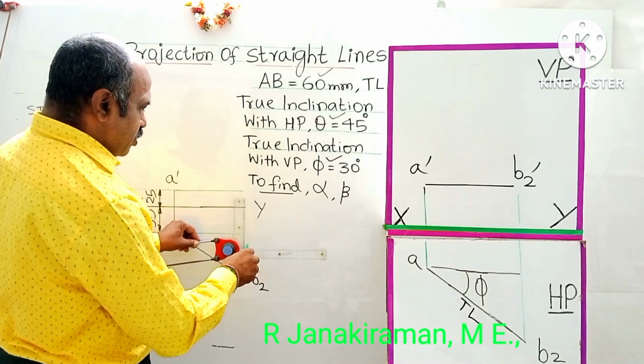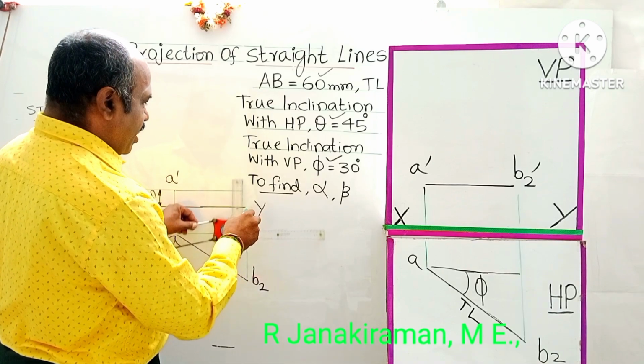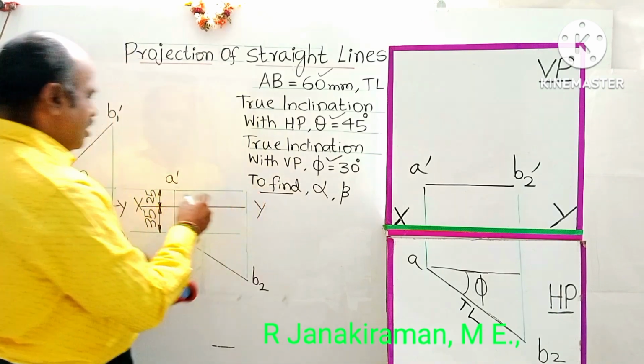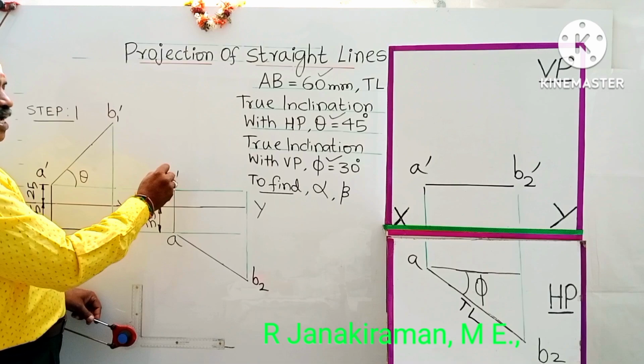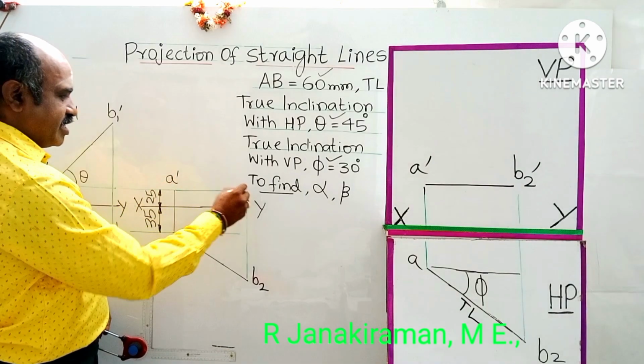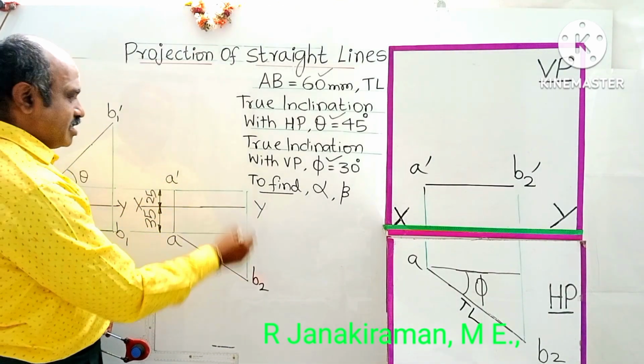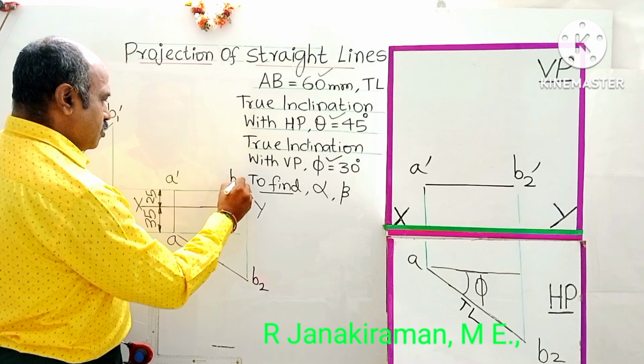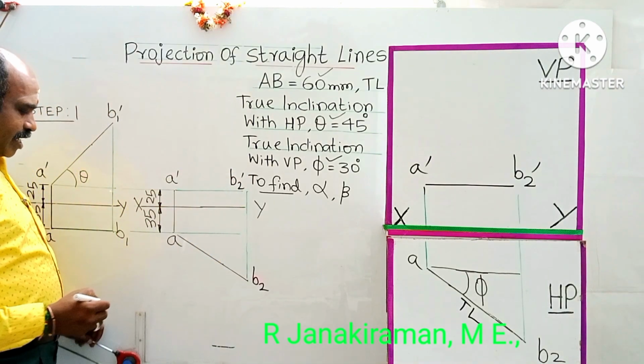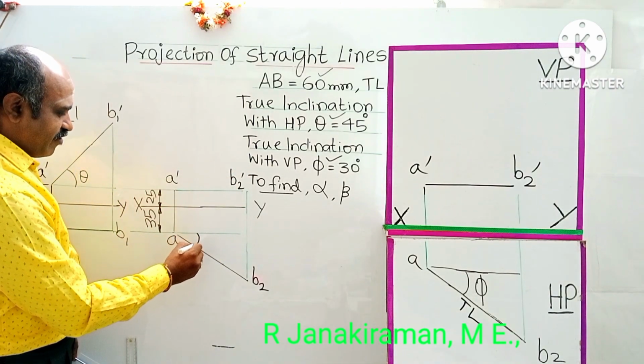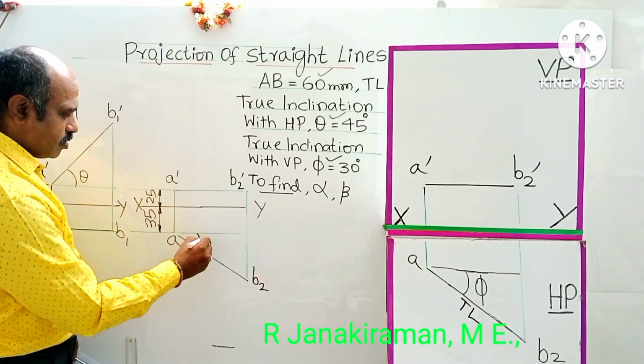Where it intersects with the horizontal locus line passing through A dash, this point of intersection shall be marked as B2 dash. And this is the angle of inclination called phi, inclined to VP.